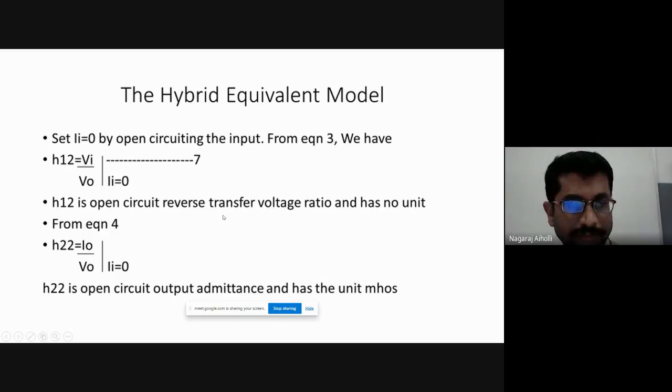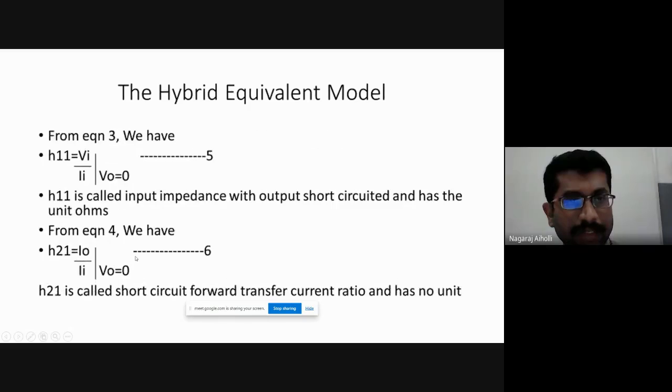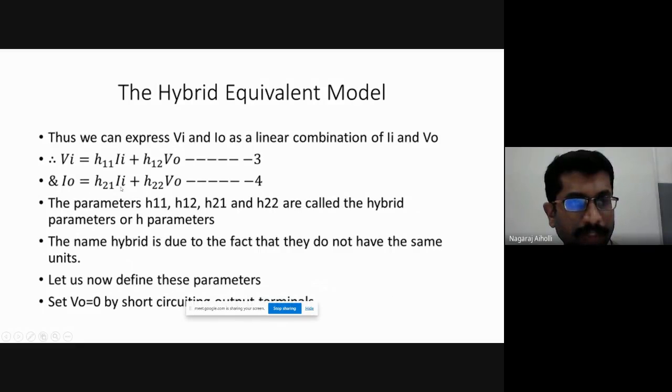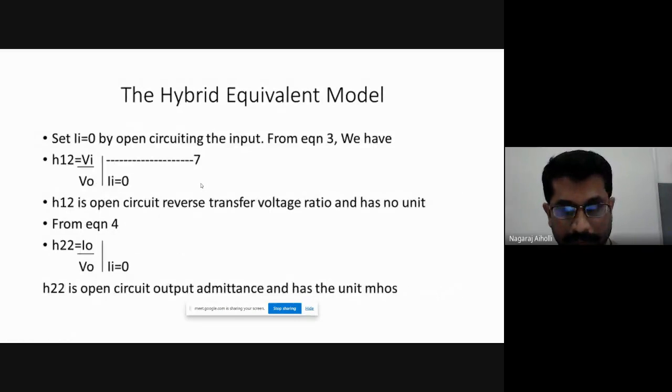Similarly, putting Ii equal to 0 in equation 4, we get H22 is equal to Io upon Vo. This is the ratio of current to voltage, the inverse of resistance, hence it is called admittance. H22 is the open circuit output admittance and has the unit mho.